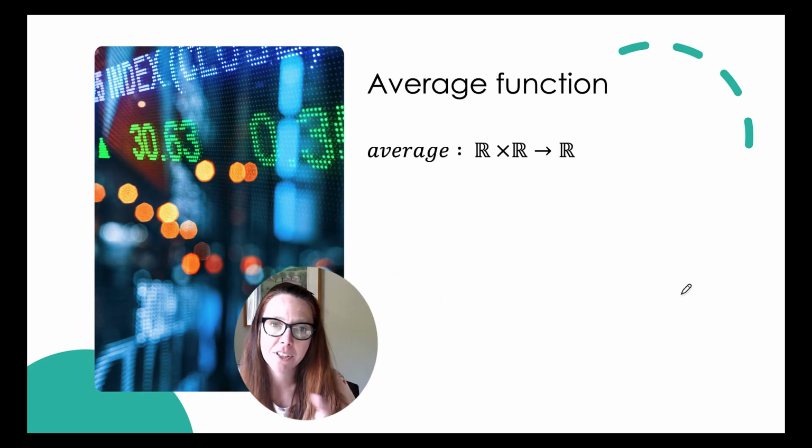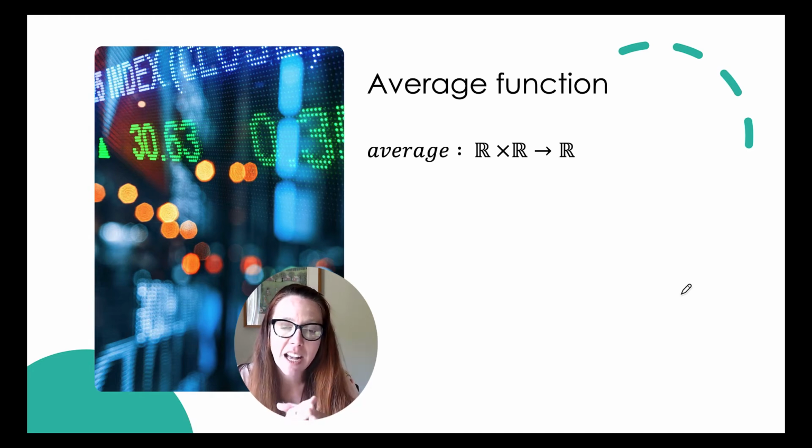What about an average function? So far we've looked at examples where the function is only applied to one value. There are times that we want to apply functions to more than one input value.